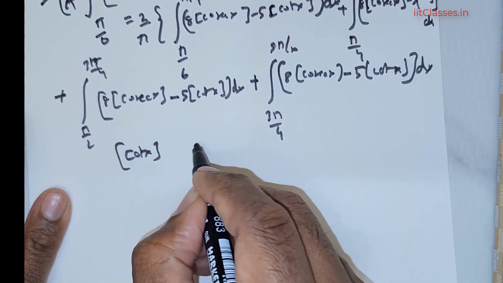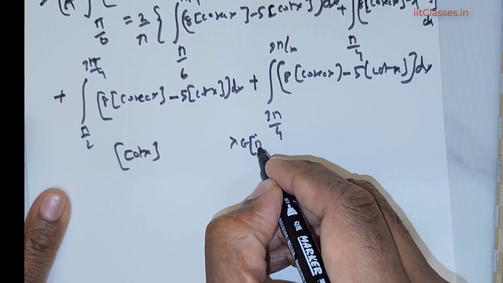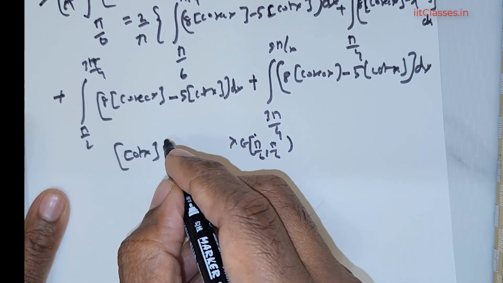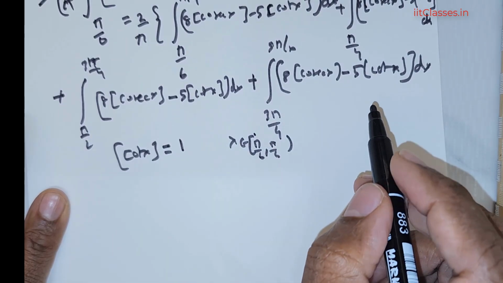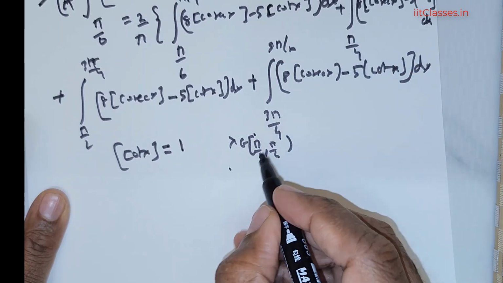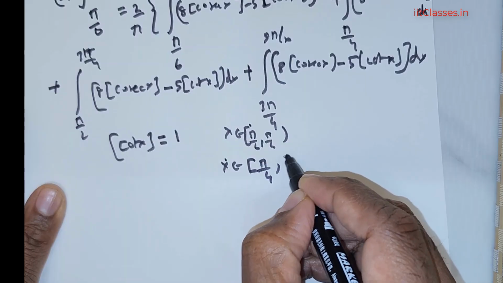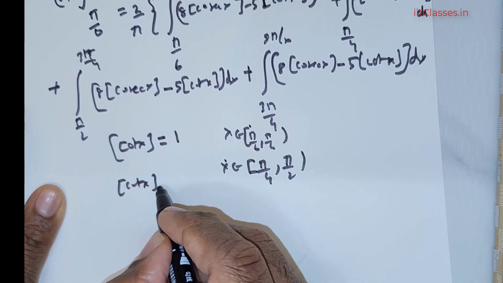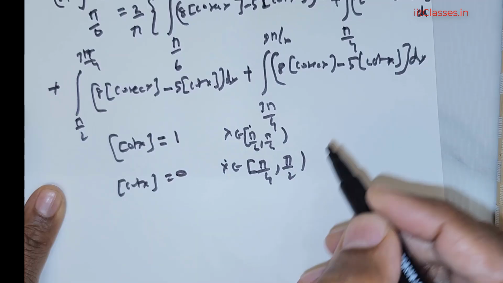For x being present in the interval pi over 6 to pi over 4, the greatest integer function of cot x will be giving us 1. Subsequently, for x an element of pi over 4 to pi over 2, the greatest integer function of cot x is going to produce a value of 0.